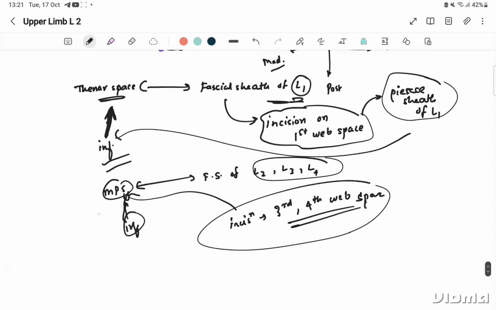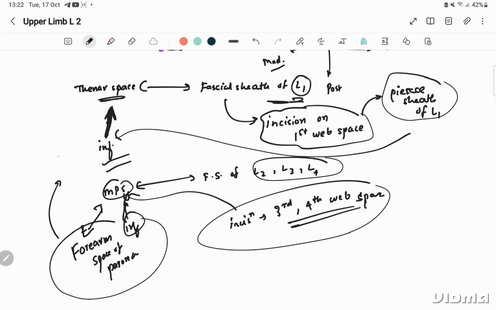The mid palmar space also communicates proximally to the forearm space of Parona. Actually, the forearm space of Parona is the space between FDP, FPL and pronator quadratus. You don't need to know in detail about the forearm space of Parona. Just know that it communicates with it.